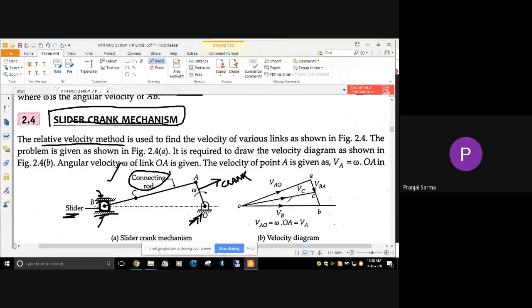That is a different mechanism; both of them are two different mechanisms. I'm right now asking you about practical application. Where do you generally see the slider crank mechanism? Very basic answer, some very basic situation.